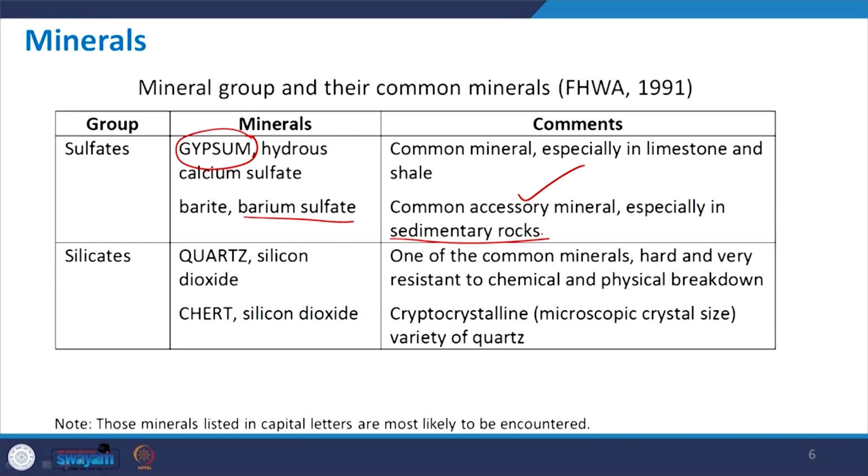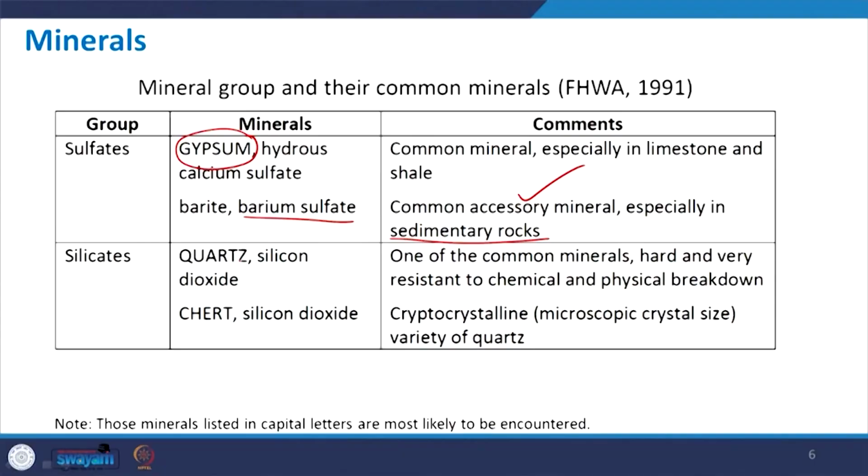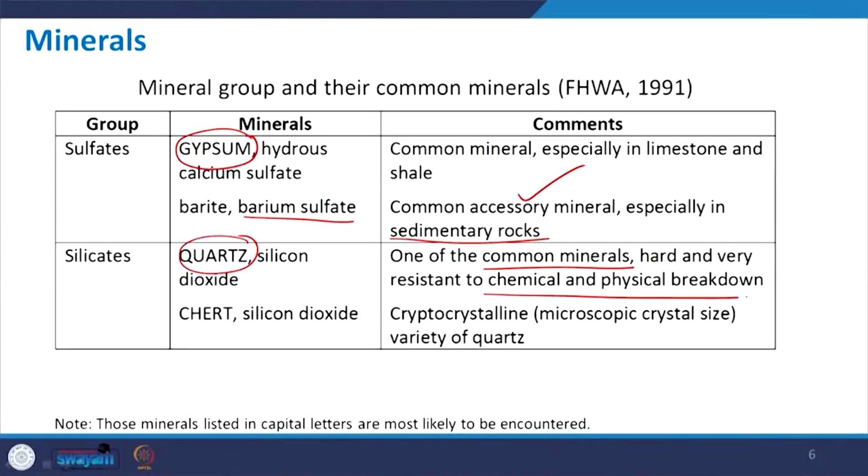Now coming to the next group, that is silicates, which is the largest group amongst these mineral groups. First and foremost is quartz, which is silicon dioxide, the most common mineral in rocks. You need to keep in mind that it is very hard and quite resistant to chemical and physical breakdown.